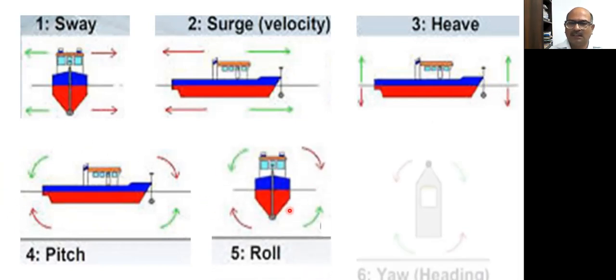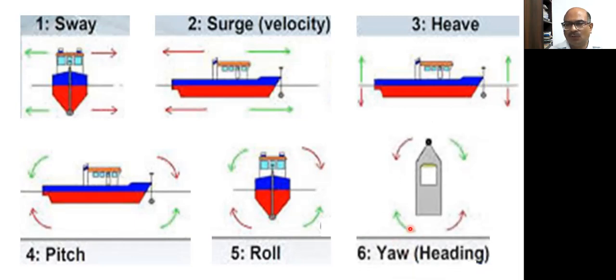Like this, it is rolling, and then yaw. You can take it that it is from the front if it is rolling. So I hope all 6 things are now clear: sway, surge, heave, pitch, roll and yaw. You can take care of this properly.